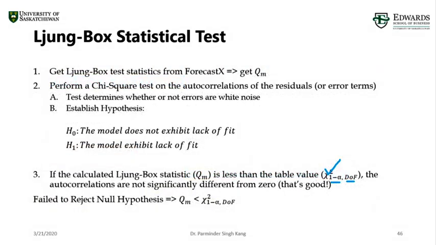In our case, degrees of freedom are going to be 3 because the value of m is 4, as we are using 4 lags as correlated data, the value of p is 1 for the autoregressive model, and the moving average order is 0. We fail to reject the null hypothesis if the calculated value is less than the critical value, or the table value.